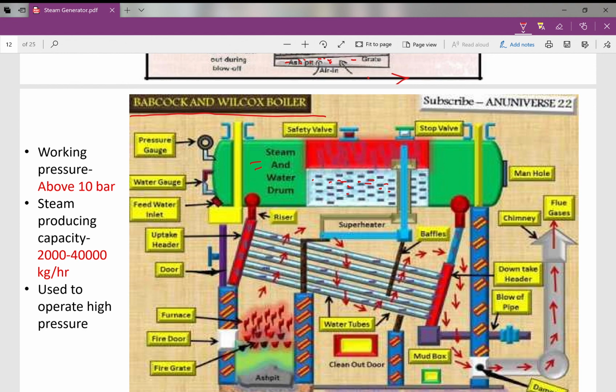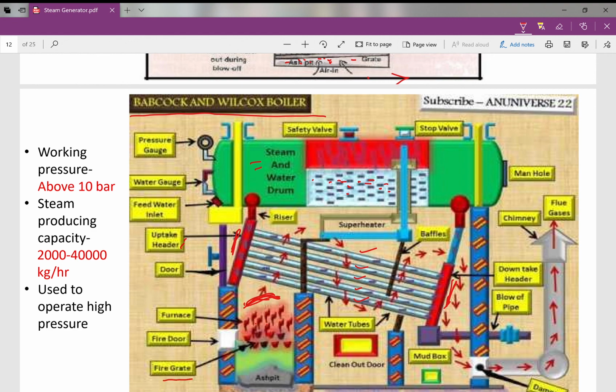So here it is the upper header. This red part is the upper header. This is your lower header. These are water tubes. The furnace is here. This red part is the furnace.